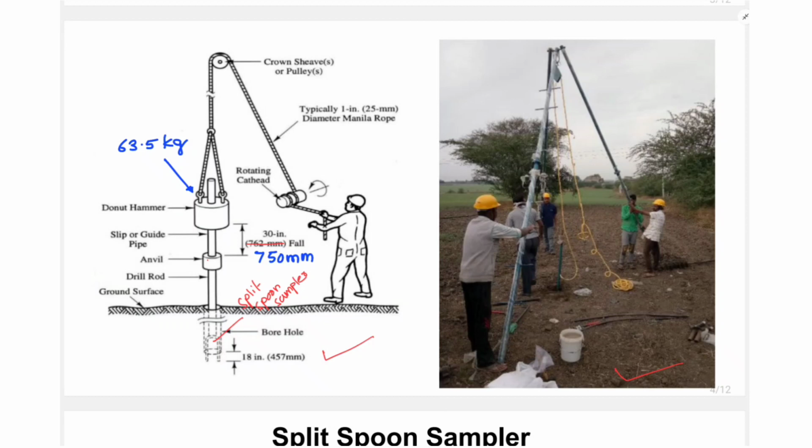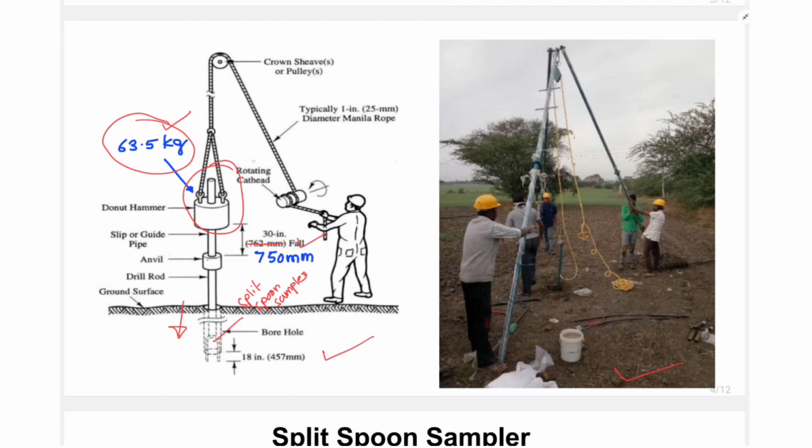In this test we carry out the penetration of the split spoon sampler into the soil by applying some amount of energy from the top side of the split spoon sampler, and the energy consists of hammering blows with a hammer weight of 63.5 kg and a height of fall of 750 mm.